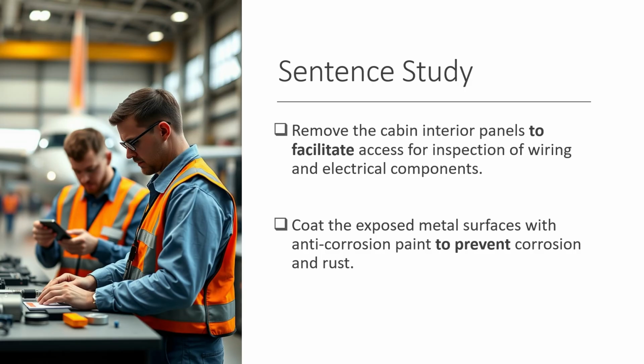Remove the cabin interior panels. Fiille bitiriyorum cümleyi. Coat the exposed metal surfaces with anti-corrosion paint to prevent corrosion and rust. Burada da aynı şekilde coat the exposed metal surfaces benim cümlemin fiili, sona bırakıyorum.